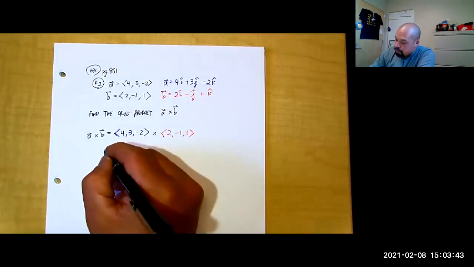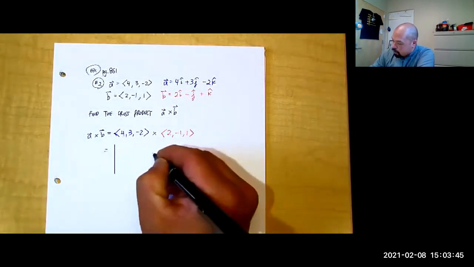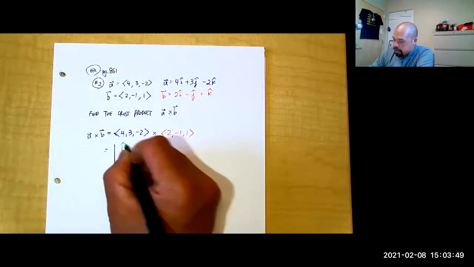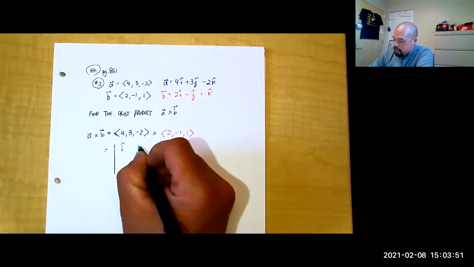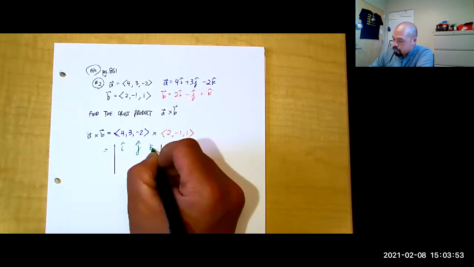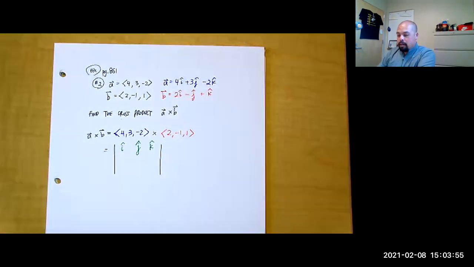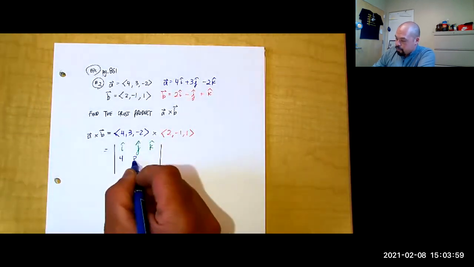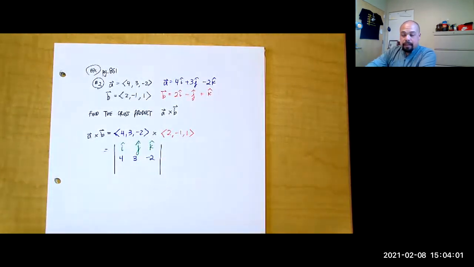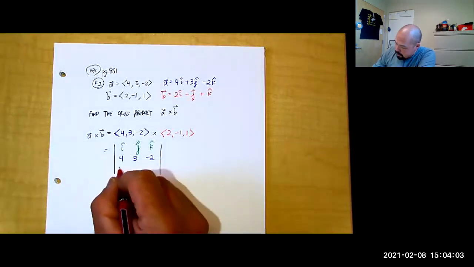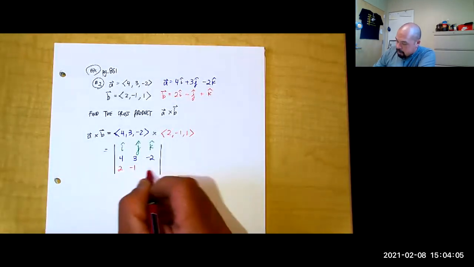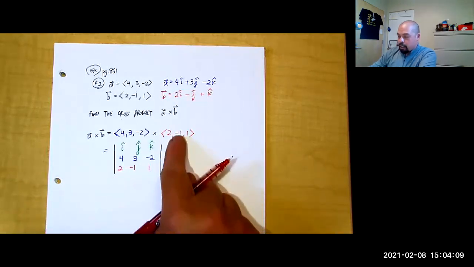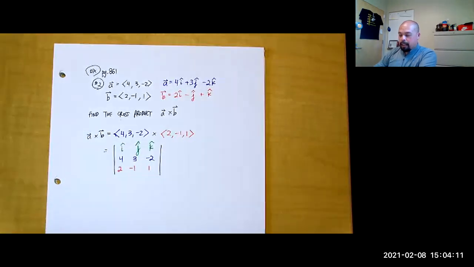Going to compute that cross product, we're going to create this 3 by 3 determinant. Top row, our unit directional vectors I, J, K. Middle row, that first vector, 4, 3, -2. Watch those signs, those positives and negatives. Last row, the second vector, 2, -1, 1, keeping those aligned.